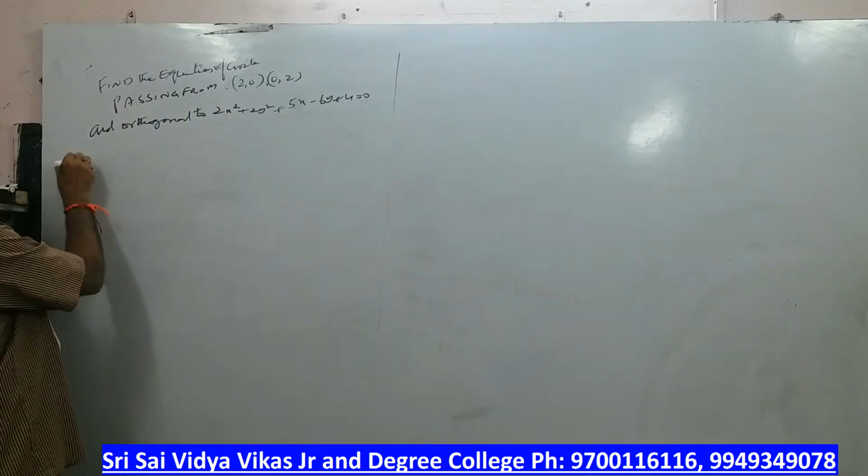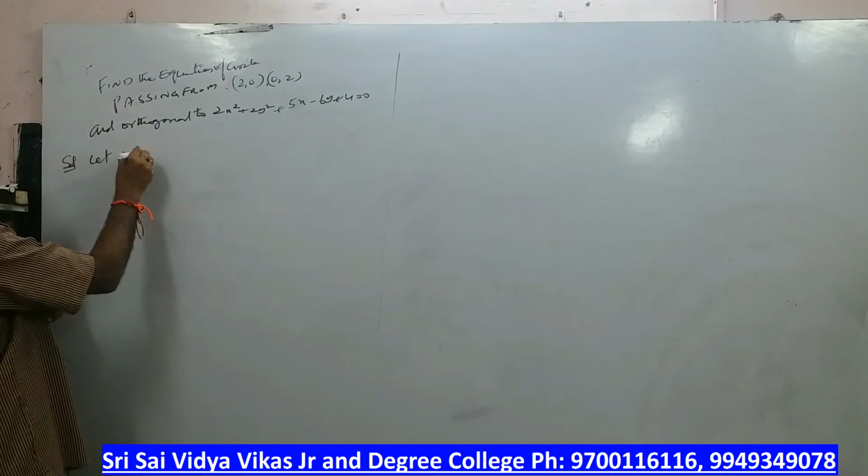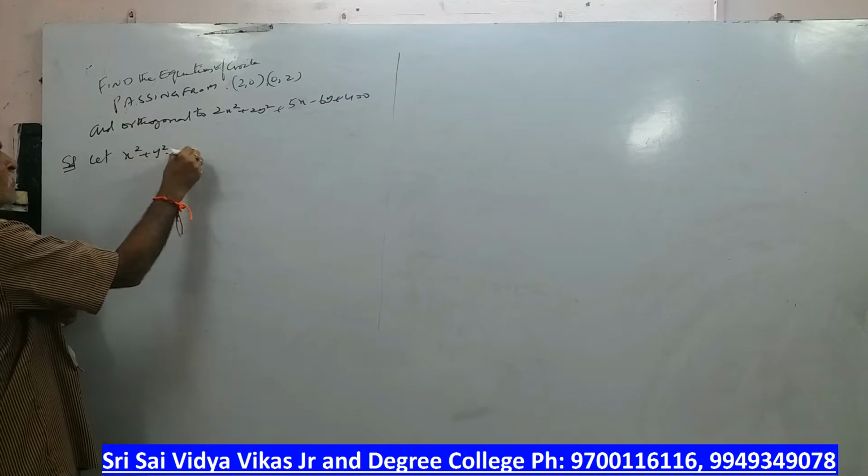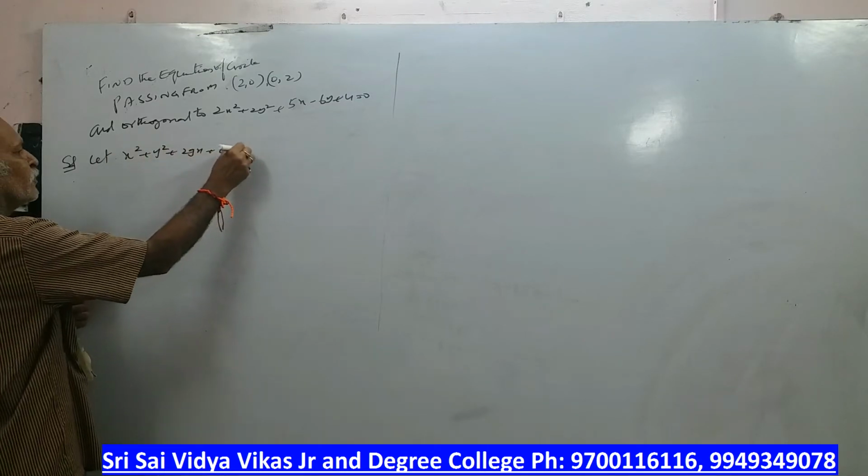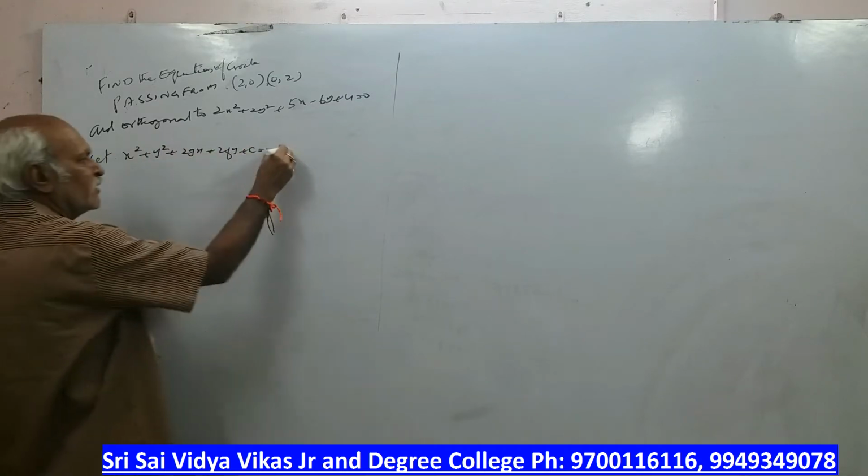Solution. Let x square plus y square plus 2gx plus 2fy plus c is equal to 0 be the required circle.